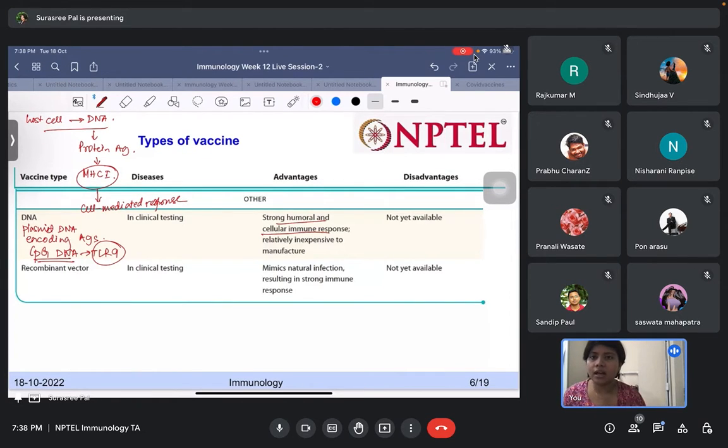Now, if we take a gene for any other pathogen and insert this gene into any of these attenuated virus strains, and then it is introduced into the host, this attenuated organism serves as a vector.